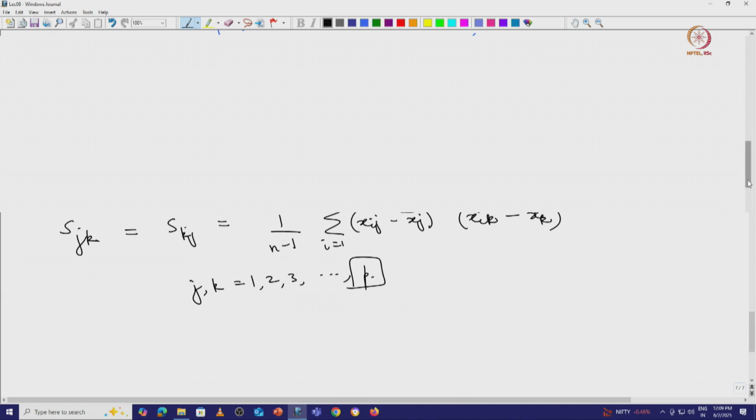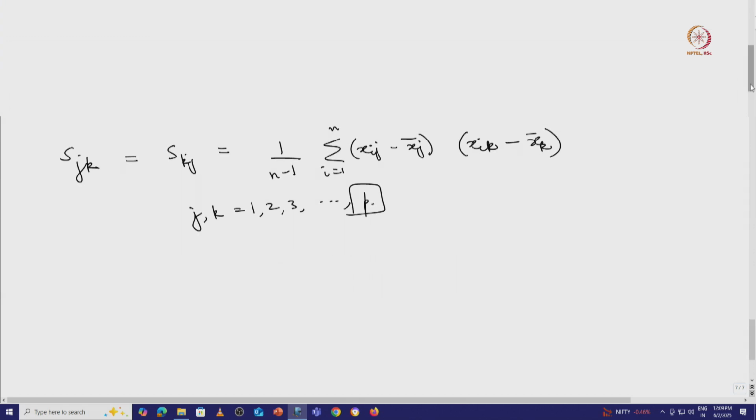Now the interesting thing is you can make a matrix of these elements. These s_jk can be arranged into a matrix, and because there are p features, or p variables, you will have a p by p matrix.